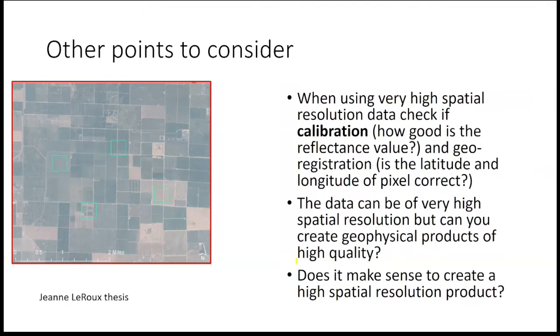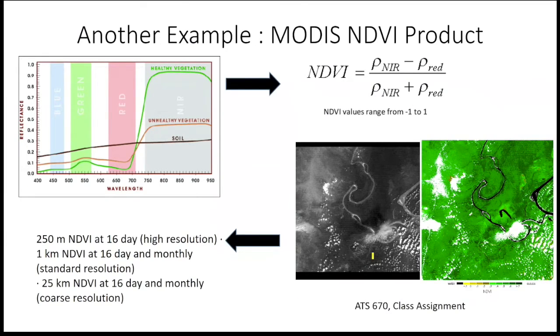So that becomes very important. The data can be of very high spatial resolution, but can you actually create geophysical products, which means aerosol, PM 2.5, cloud liquid water, vegetation index, are the geophysical products of high quality? Finally, the important question to ask is, does it really make sense to create high spatial resolution products? It may not be necessary sometimes.